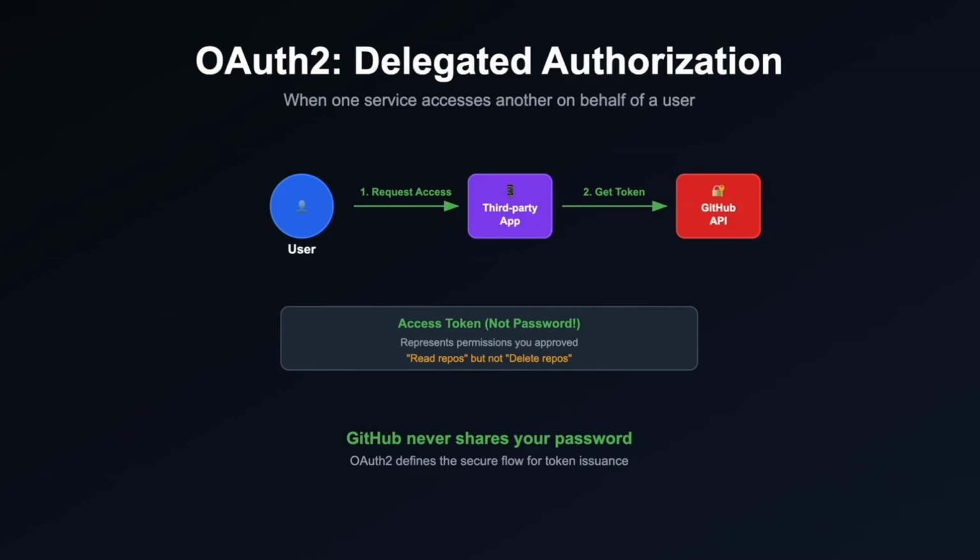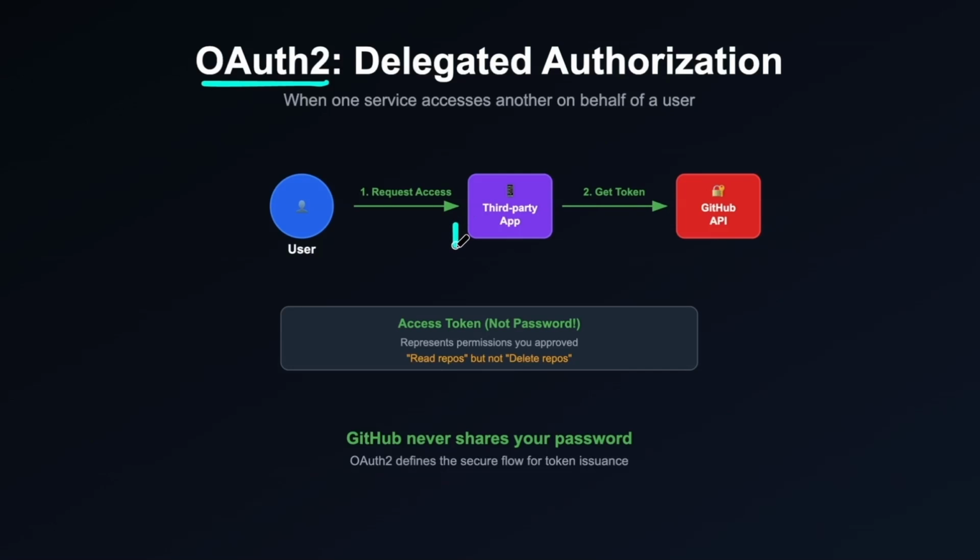So these were the access control models, but how do systems enforce those authorizations? This is where OAuth2 and JWT or access tokens come into play. So first we have OAuth2, which is delegated authorization, a protocol used when a service wants to access another service's resources on behalf of a user.